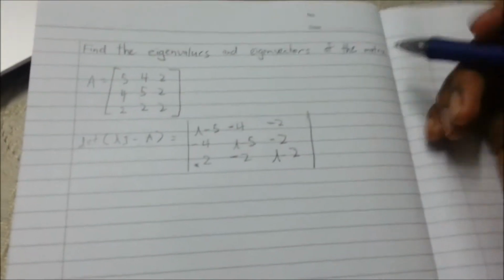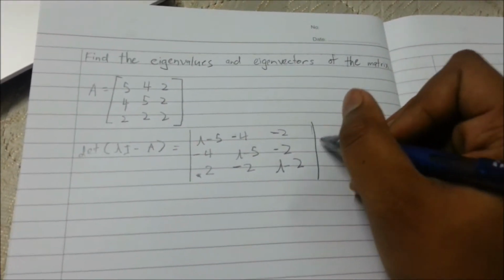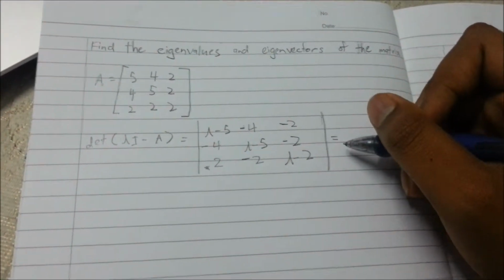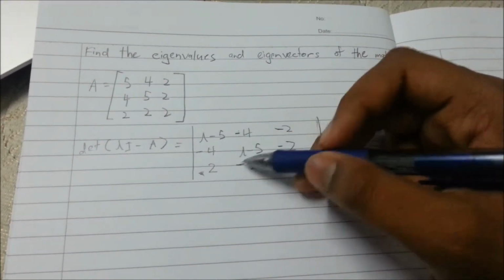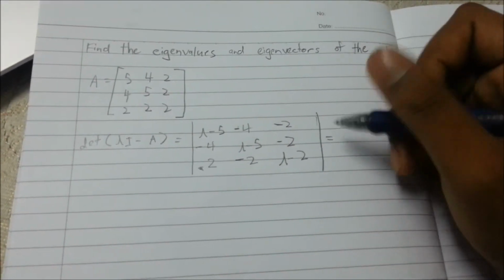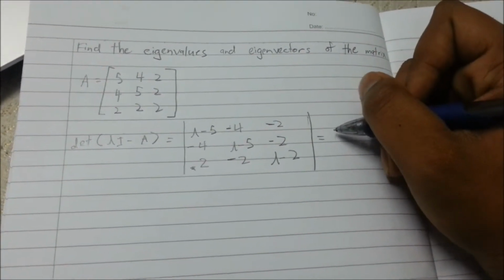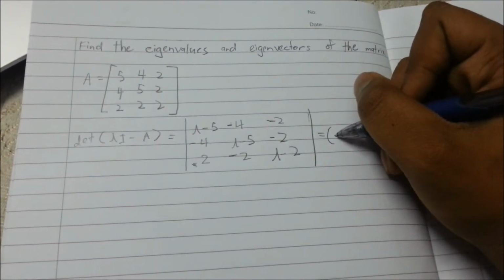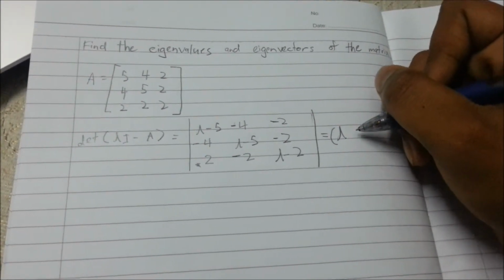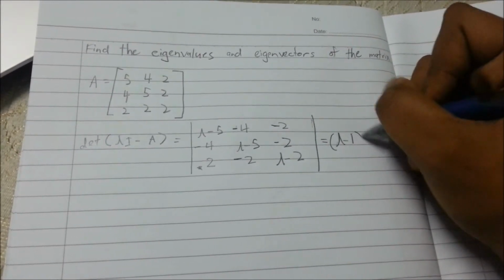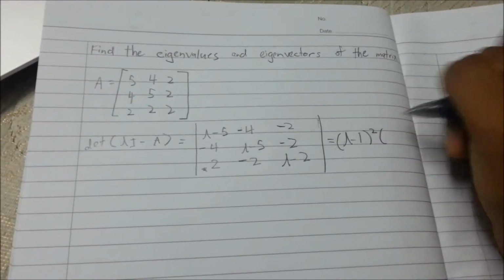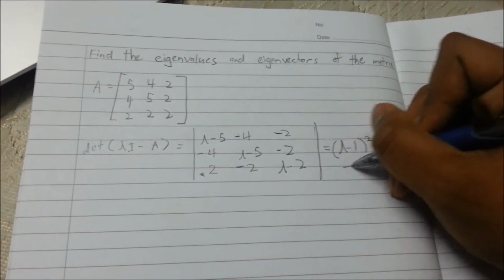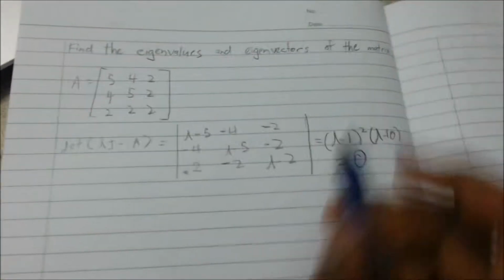Now the next step would be to solve this equation into a determinant equation. When you do so, what you get is lambda minus 1 squared, lambda minus 10 equals 0.